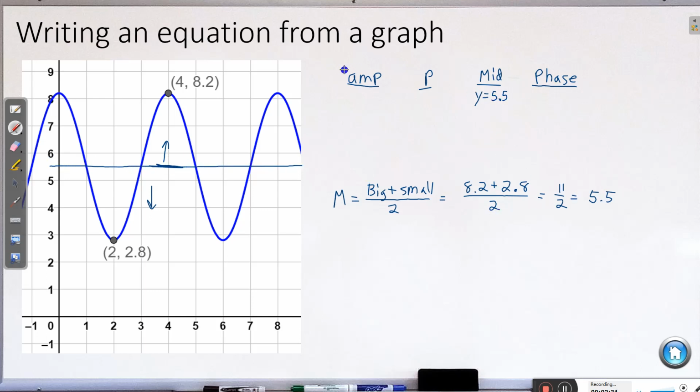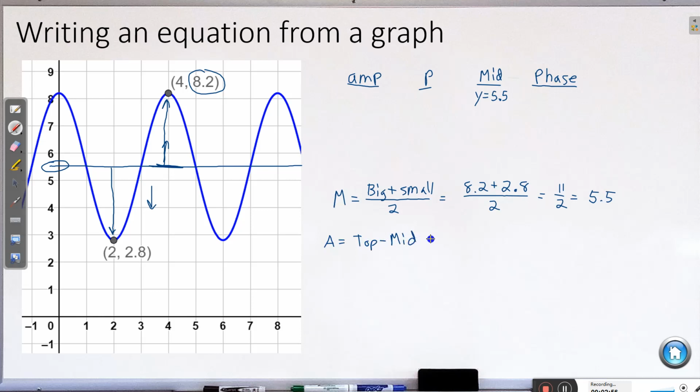Now that we have the midline, we can find the amplitude. So the amplitude is the distance from that middle all the way to the top, or the distance from the middle all the way to the bottom. So we have to just take this top value, 8.2, and subtract the middle value, the 5.5. So for the amplitude, you take the top minus the middle.